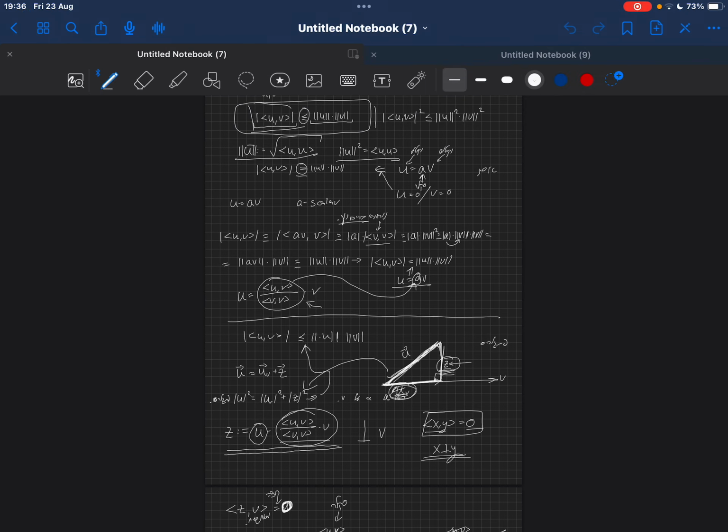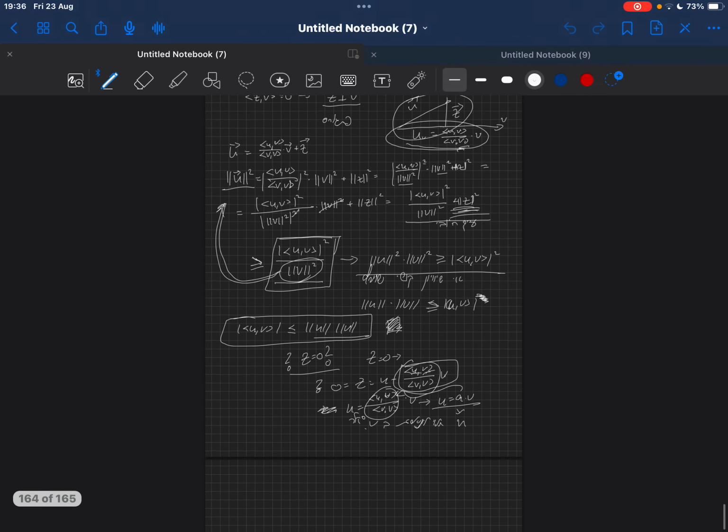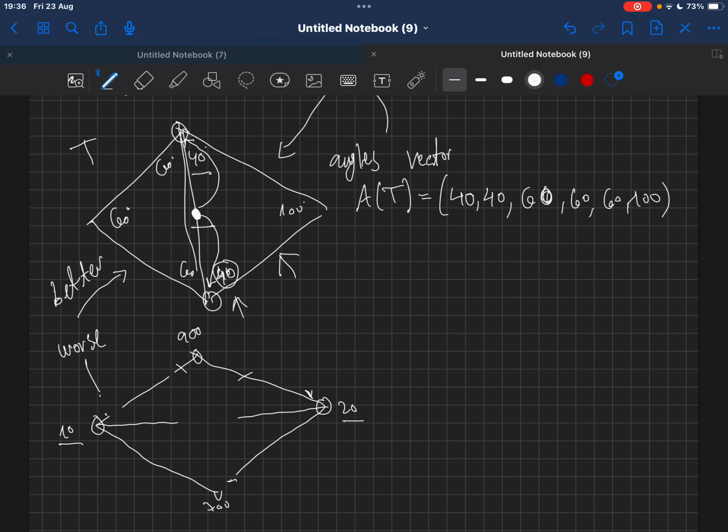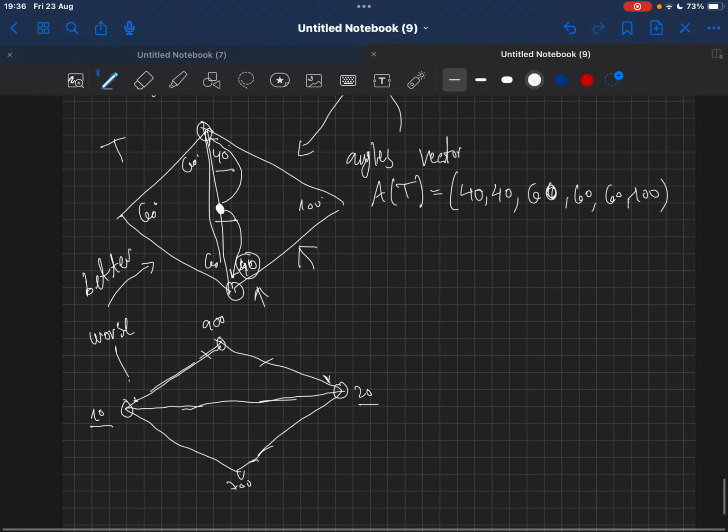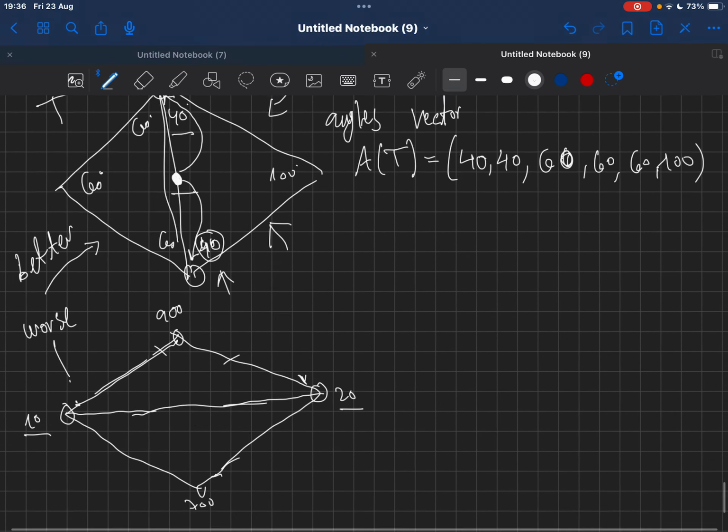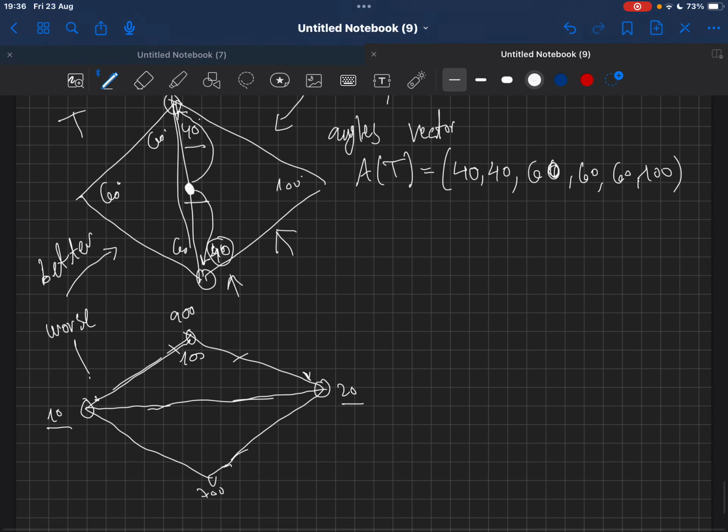Good. Now this is the triangulation that is probably worse. Now let's again look at the angles and create the angle vector. I get here 100, and this is 30, this is 50. This is again of course the same, so 100, 30, and this is 50.